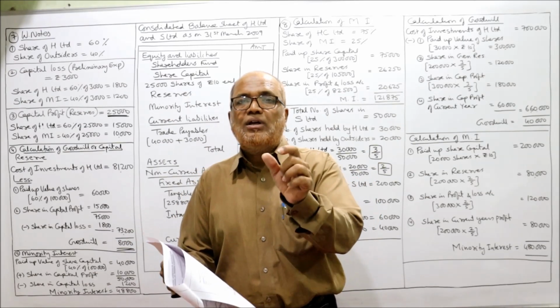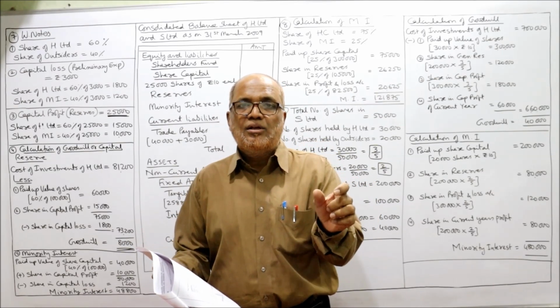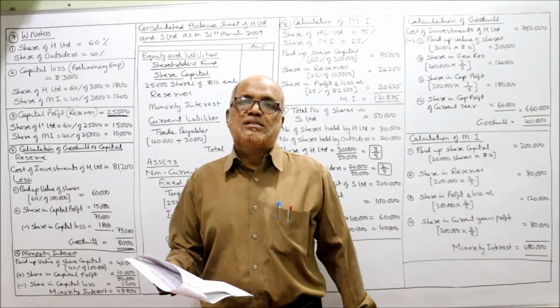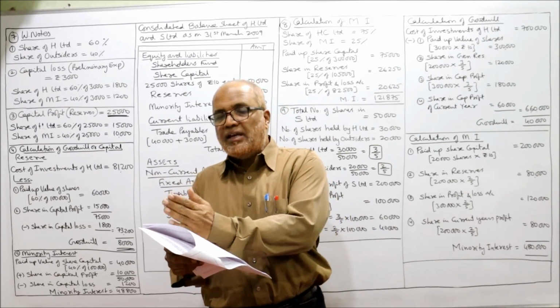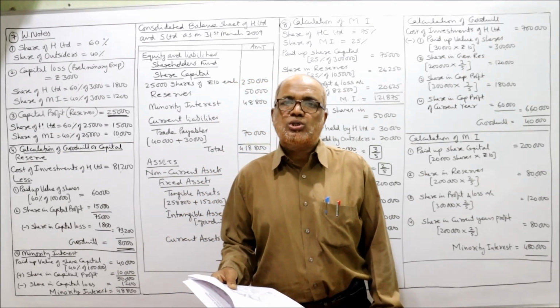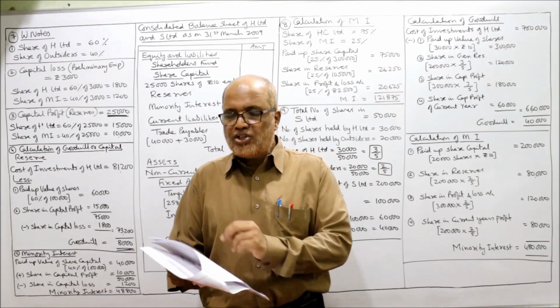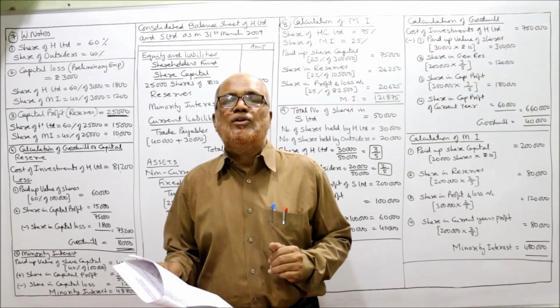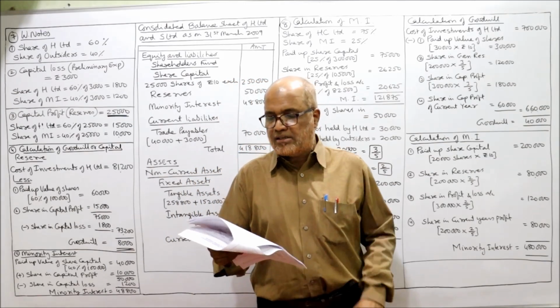Our balance sheet is given on 31st March 2009. So 1 year was over. And preliminary expenses. This preliminary expense is given in S Limited. That is a fictitious asset, capital loss. So here, this fictitious asset will be taken into consideration for calculating goodwill or capital reserve.